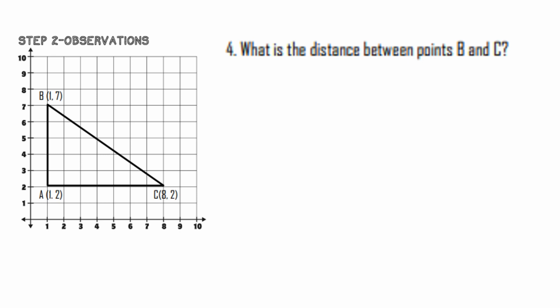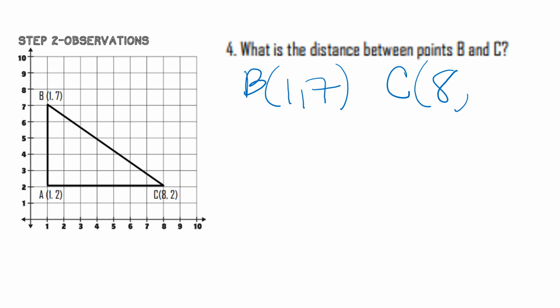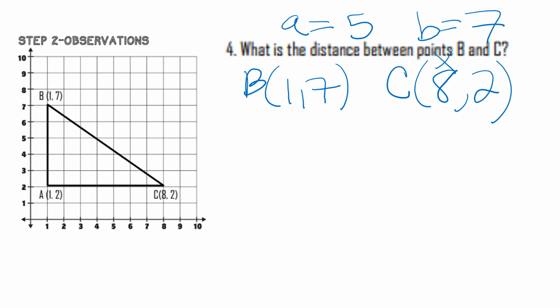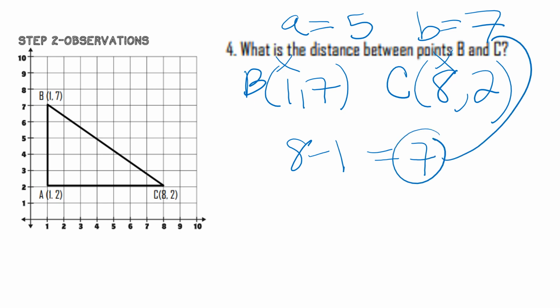Okay, so hopefully you arrived at some type of subtraction happening. So if we look at B, we know that's (1, 7). We look at C, that's (8, 2). We know A is 5 and B is 7 for the lengths of the legs. So look at this. If I take my x coordinates for both C and B, if I do 8 minus 1, hey, look at that, I get 7.